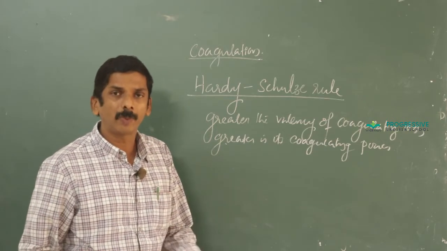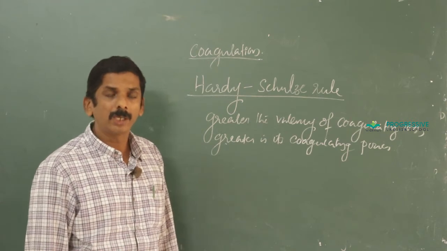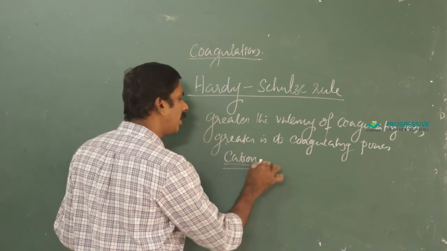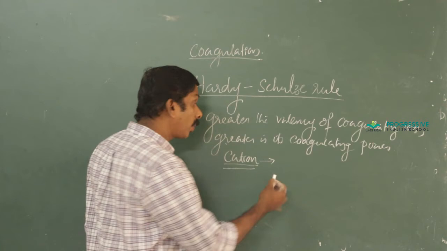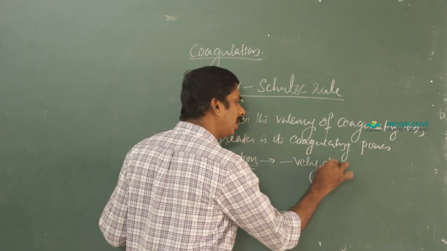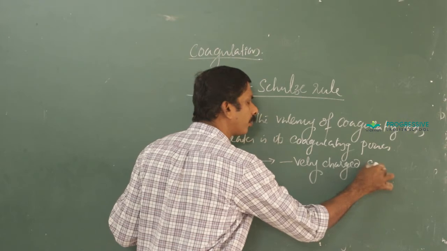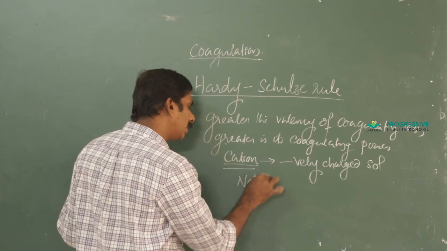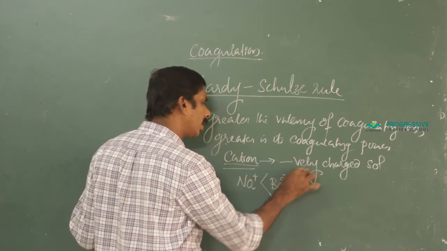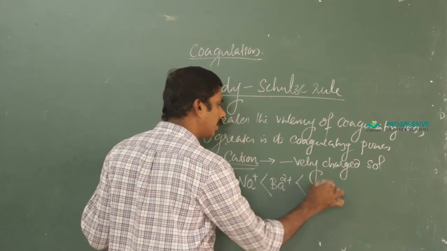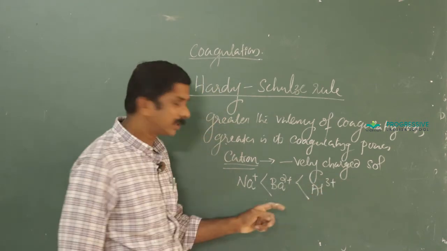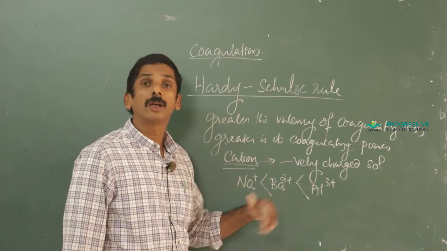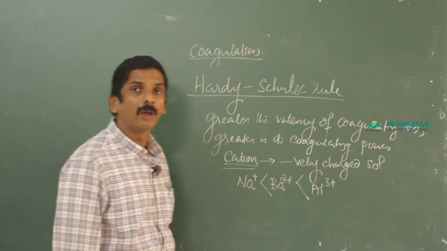We can explain this separately by taking anions and cations. Thus, the coagulating power of cations to coagulate negatively charged sol increases in the order Na+, Ba2+, Al3+, etc. Means as the valency of the flocculating ion increases, their coagulating power also increases.